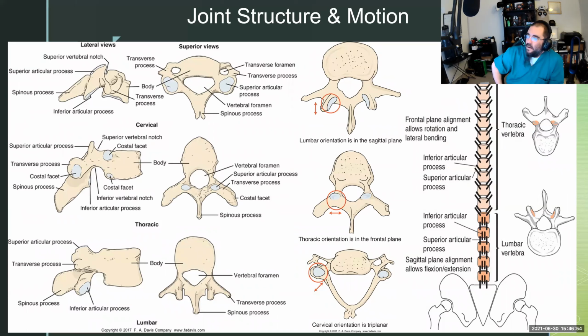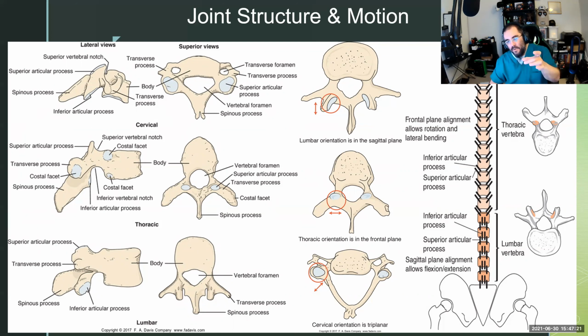So then as we go down, those spinous processes start getting bigger and bigger until we get down to C7, where we have that really big spinous process, right? And once we move down into the thoracic vertebrae, the spinous processes go a little more straight out, but the bodies get bigger.